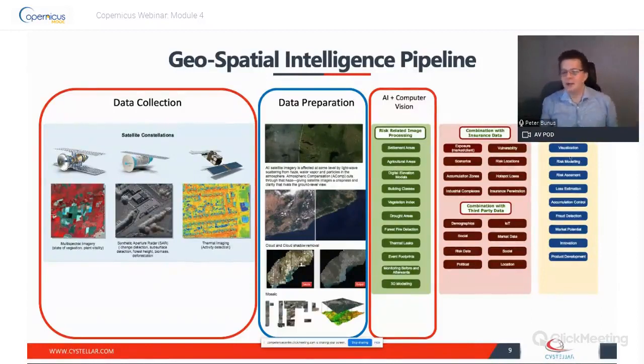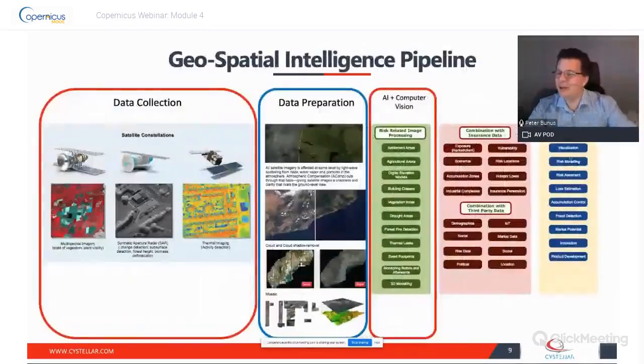And in this case, what we are interested in is to extract all that data from the satellite imagery, to assess the risk, and then based on the risk assessment, to simply price the policy. So at the end of the day, at the end of this pipeline, the product is nothing else than a very boring home insurance policy that has a price on it.